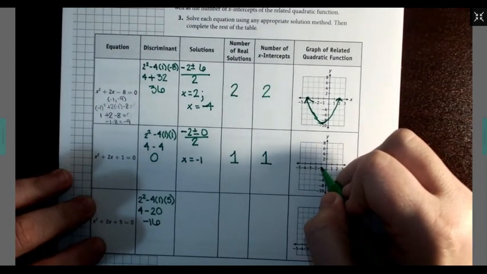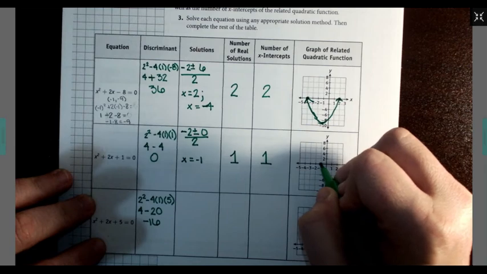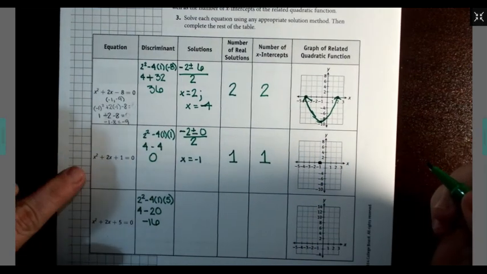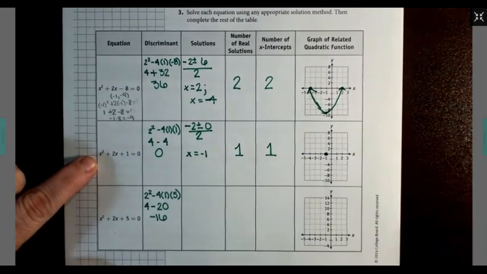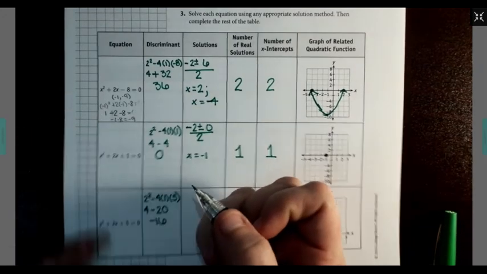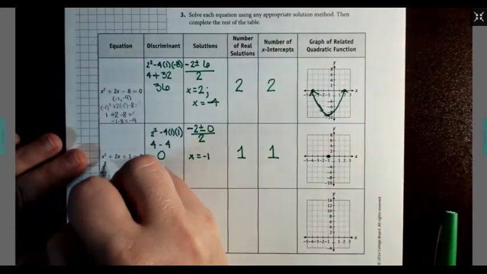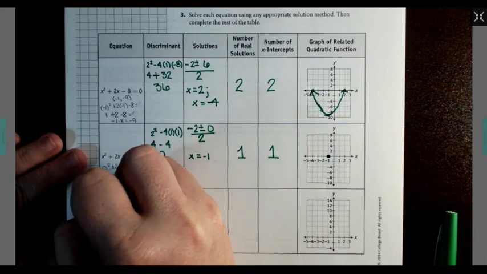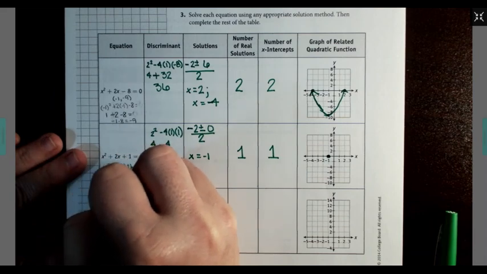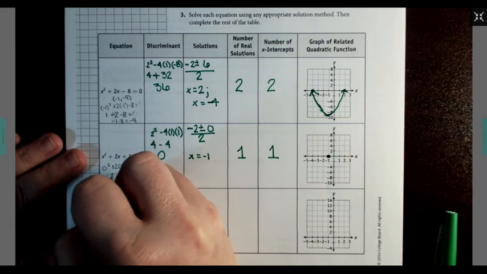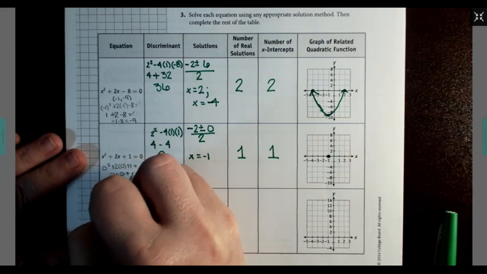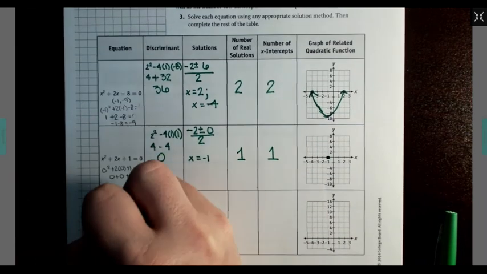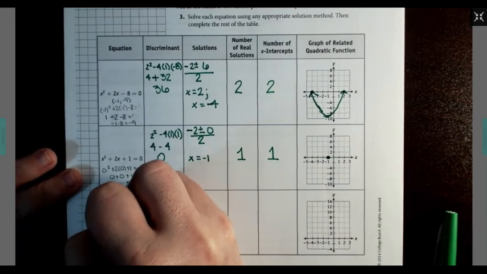So I know that I have a 0 at negative 1. We know that this opens upwards. I'm going to have to find 2 more ordered pairs here. Let's plug in 0 into this equation. 0 squared plus 2 times 0 plus 1 equals 1. So there's an ordered pair at 0, 1.